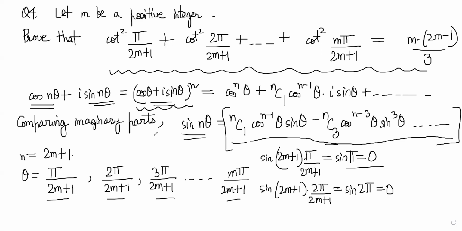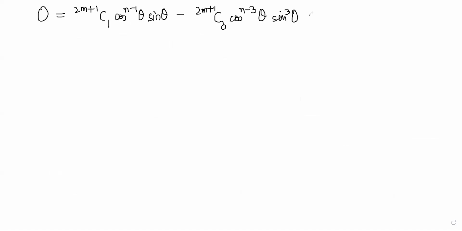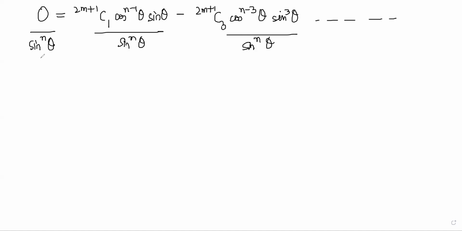So what we can do now, I will just write it here. We'll say 0 is coming as 2m plus 1 C1 cos of n minus 1 theta sine theta minus 2m plus 1 C3 cos of n minus 3 theta sine cube theta, and so on, right? If you divide both sides by sine power n theta, so what do you get now?